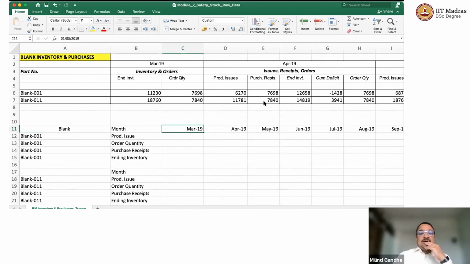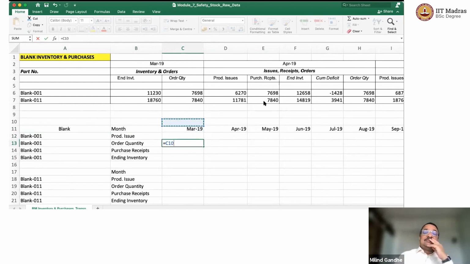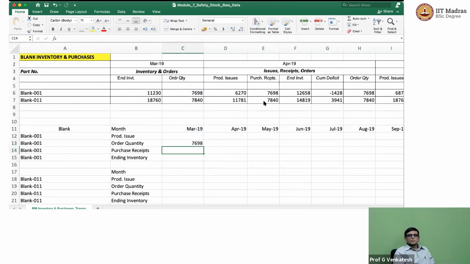Now, production issue, we don't know for March, right? Order quantity, we know. So this is the order quantity. Purchase receipts also, we don't know for March, because March, remember, is only the beginning picture for us.